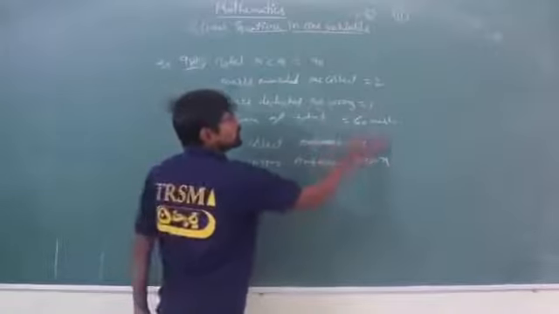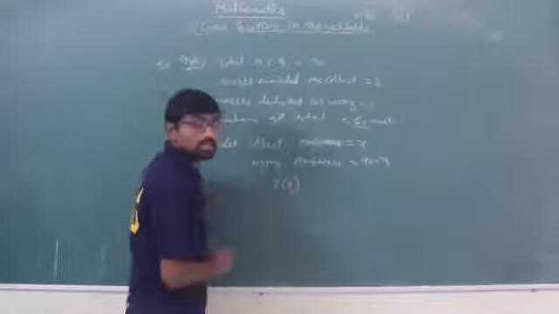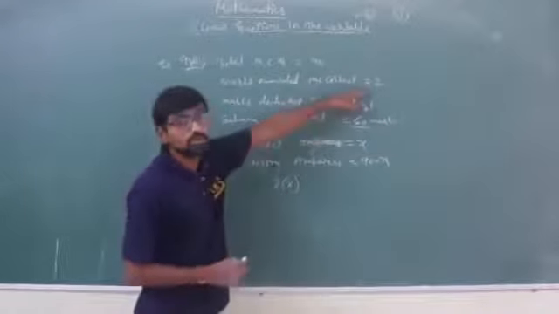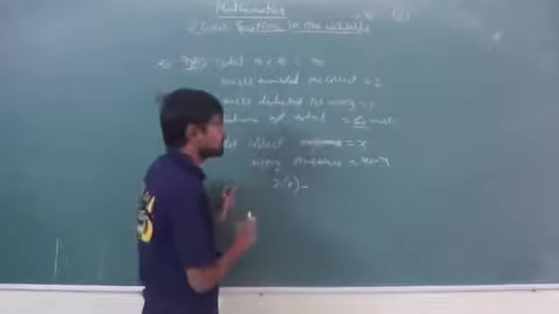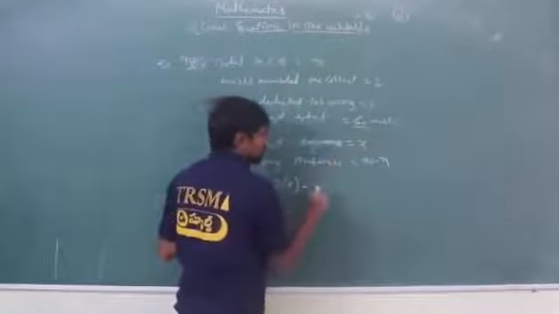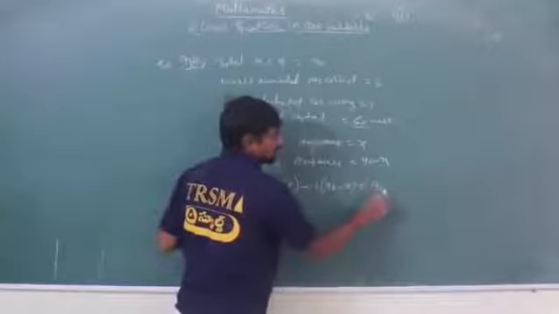Total marks she got is 60. So what is the equation? 2 into x, because for each correct question we get 2 marks, minus 1 mark deducted, 1 into (90 minus x), is equal to 60.